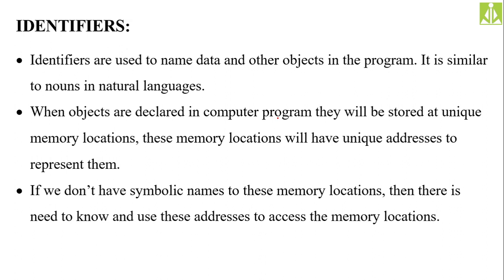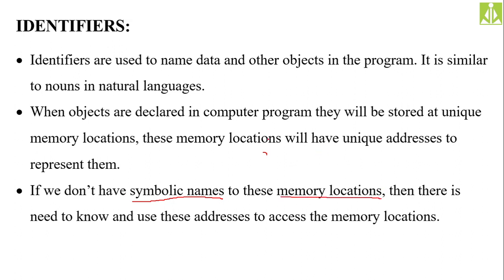So in order to access the memory location, or to do manipulation on that memory location, we need to depend on a symbolic name given to the memory location, and that symbolic name is nothing but your identifier. Identifiers are nothing but symbolic names given to the memory locations.